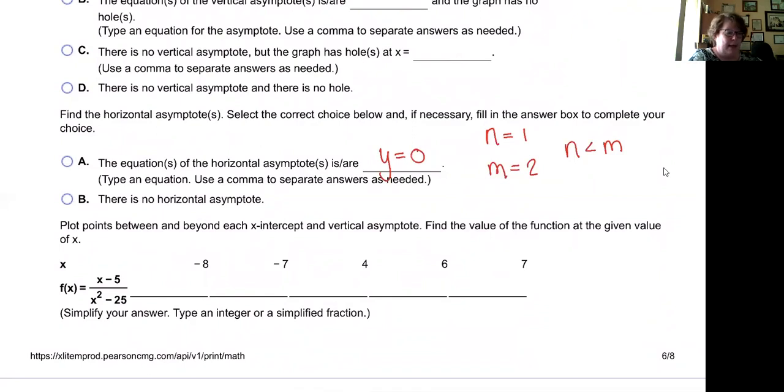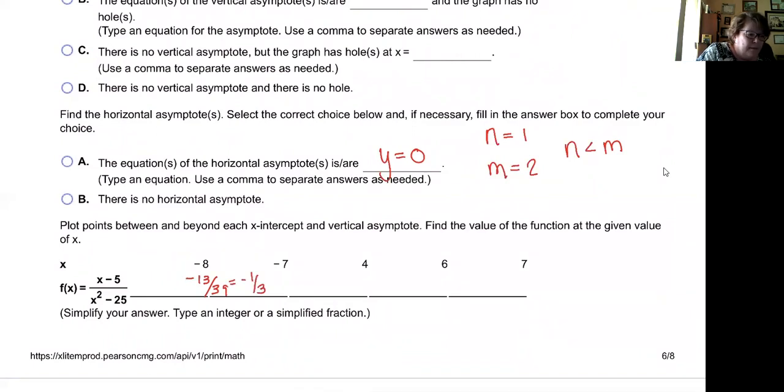So I'm going to go ahead and tell you what these values are, and then I'm going to let you find them. I do believe if we evaluate this at -8, we get -13 over, what is that, 64? Is that 39? So I think this is -1/3.